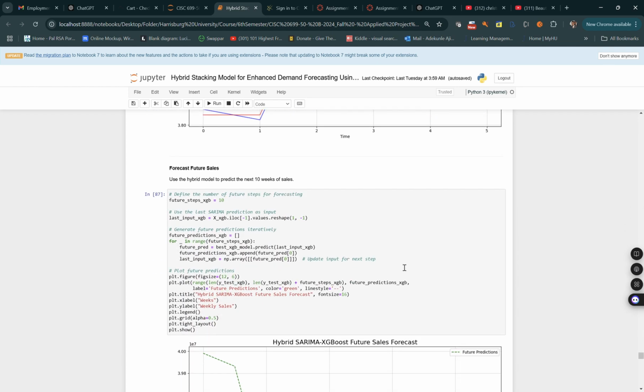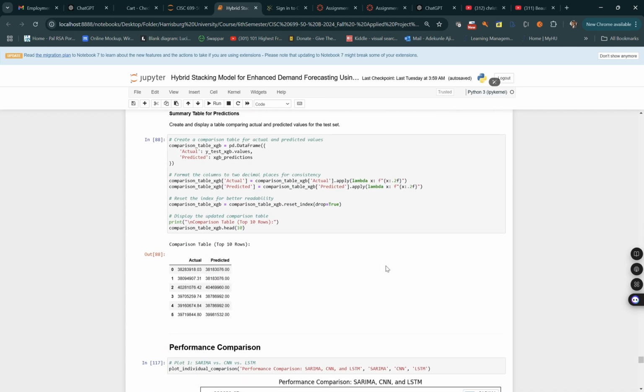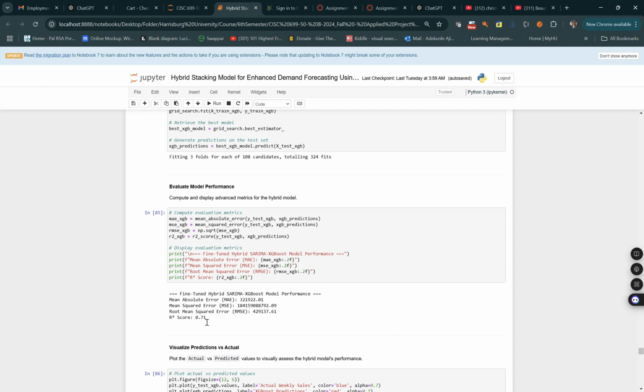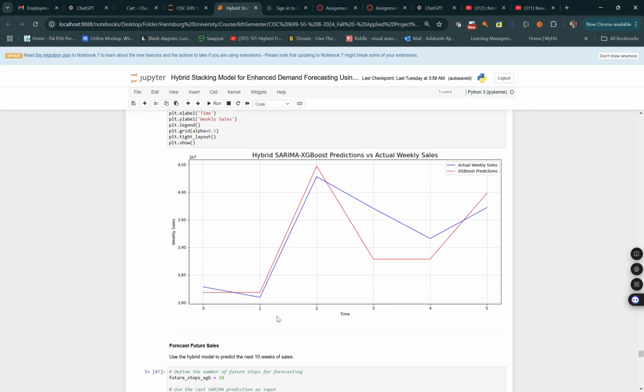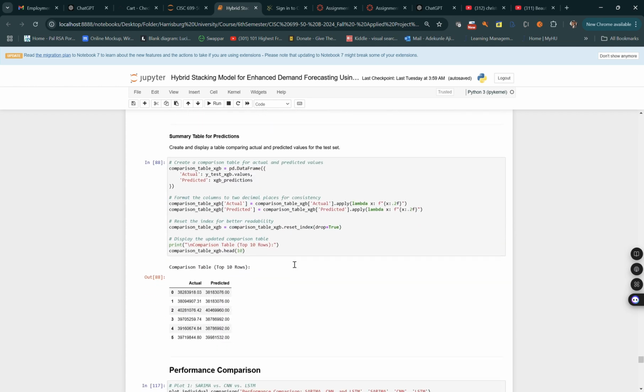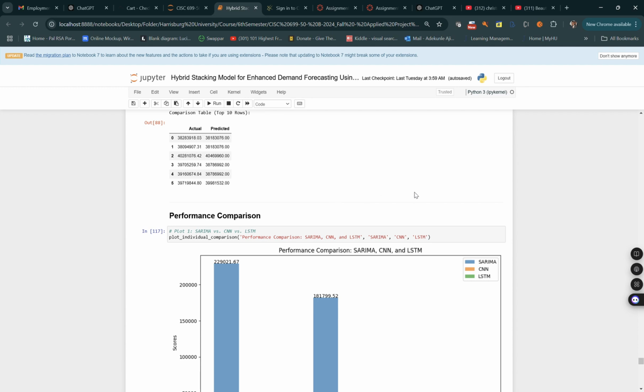But SARIMA, the single model, actually outperformed it, at 0.71. SARIMA as a single model outperformed the hybrid model, which we also need to tweak.